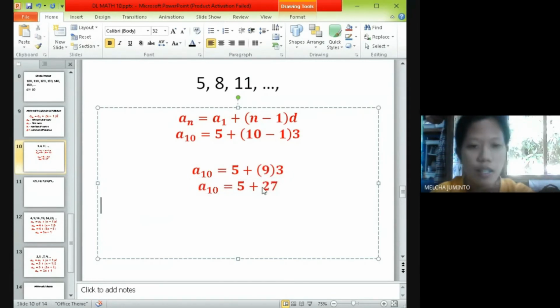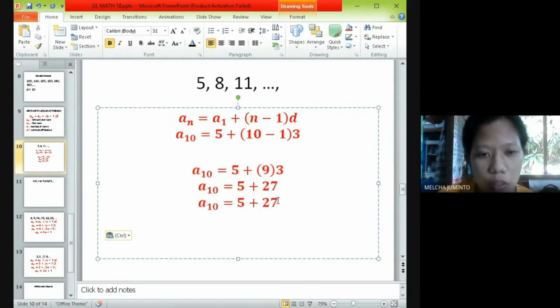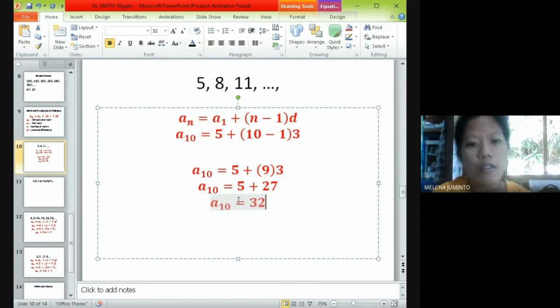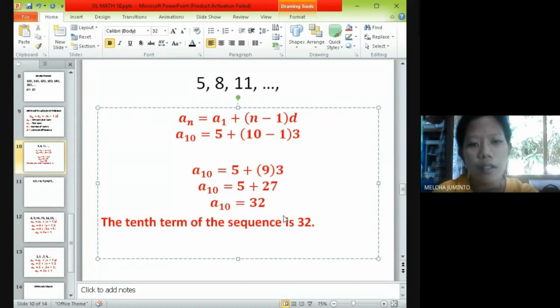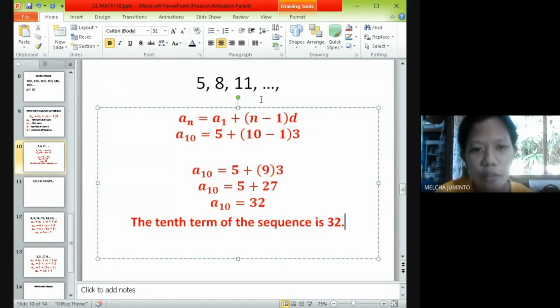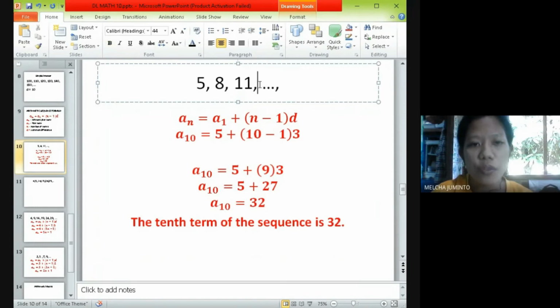And then finally, the last thing you need to do is to add 27 plus 5, which is 32. Therefore, the 10th term of the sequence is 32. Okay? If you are going to look for ano yung number na mag-fall sa ika-10, it is 32.